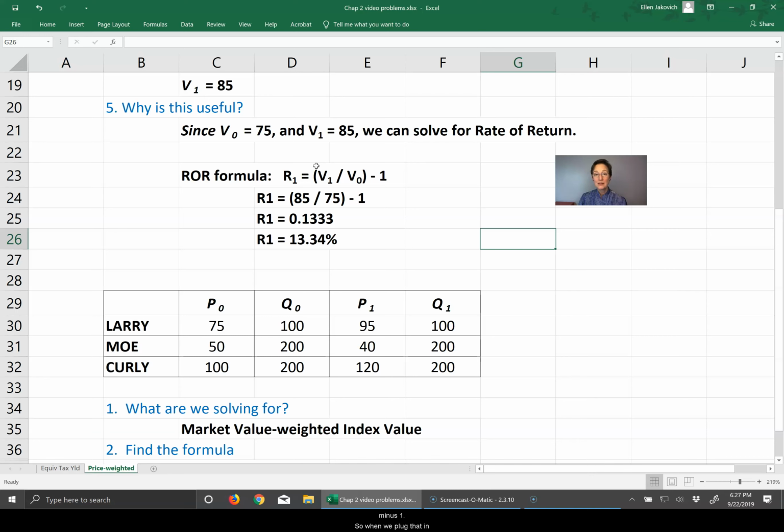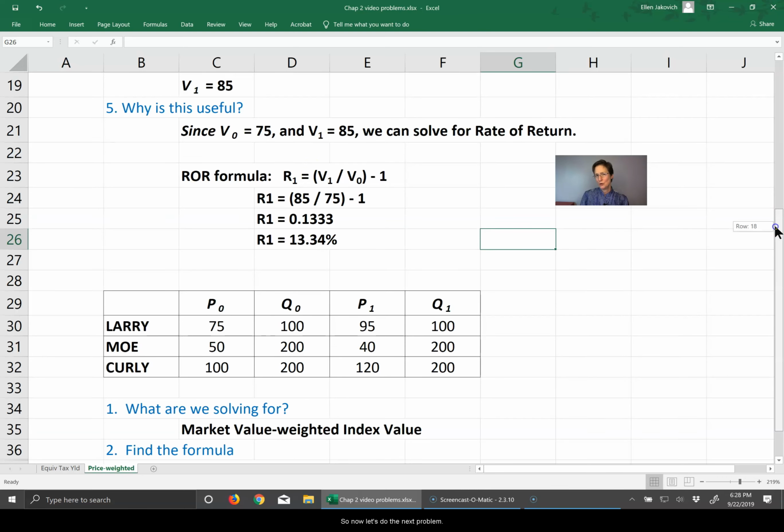So when we plug that in, the rate of return at time 1 is 85 divided by 75 minus 1, and we get that we made a 13.34% rate of return in a single period. Very good to know. So now you know how to do price-weighted index values and why it's useful. It helps you find the rate of return.